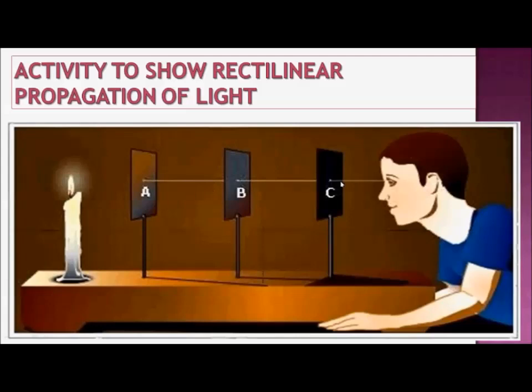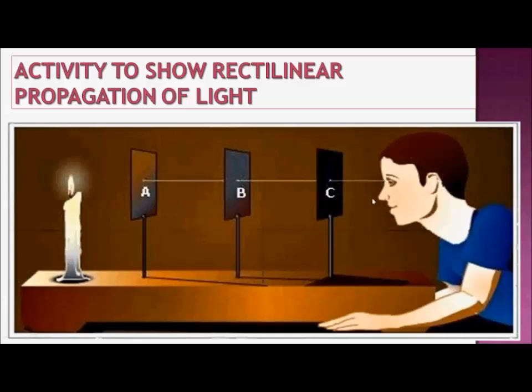Clear? Now, suppose you change the position of B a little bit, almost 1 centimeter, then you can't see the light through C. Why? Because now if you are changing the position of B, then the light cannot travel through the straight line, so you can't see the candle light.